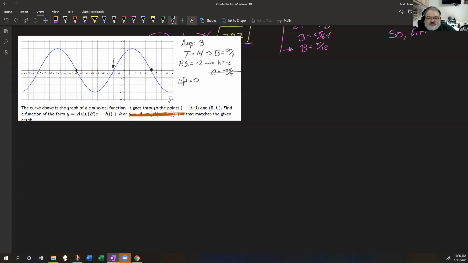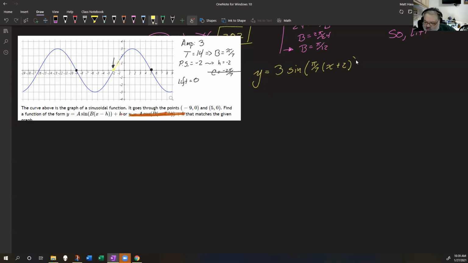You guys happy with all those? All right. Then our function turns into y equals, since you told us to start here, we are nice and positively oriented. So +3, and we're using sine pi over 7 times x minus the positive, or x minus the -2.